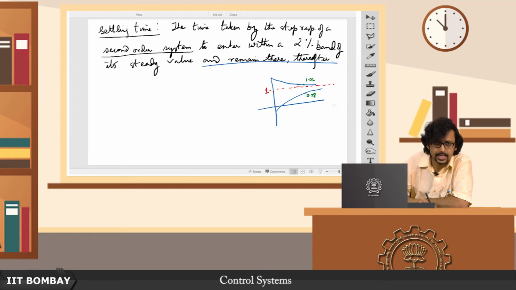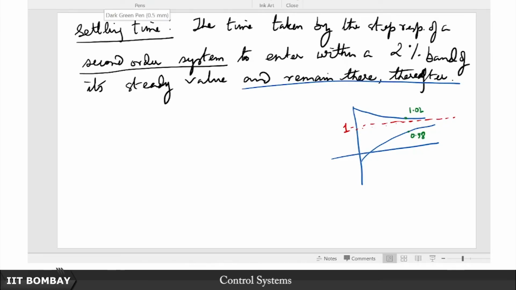Now it could be the case, let me use black, that your system has come in like this, and notice that it has already entered the 2% band somewhere here.